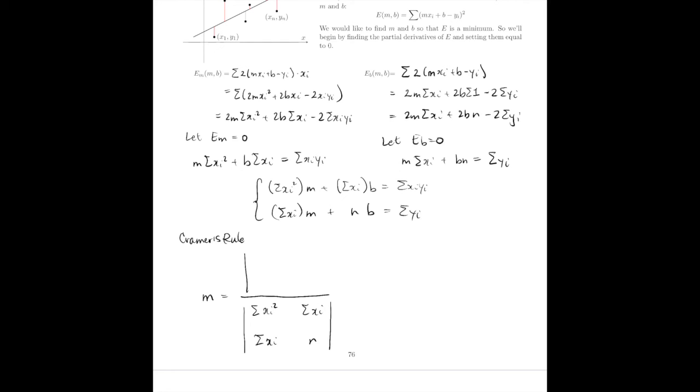And the numerator is going to be the coefficient matrix, but with the x column replaced with the constants: the sum of x_i y_i, the sum of x_i, the sum of y_i, n.